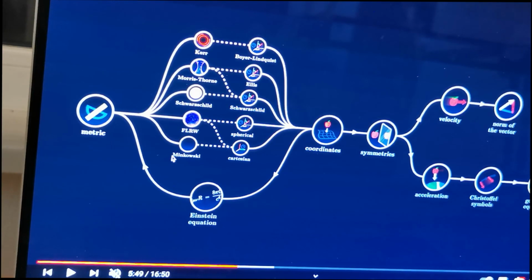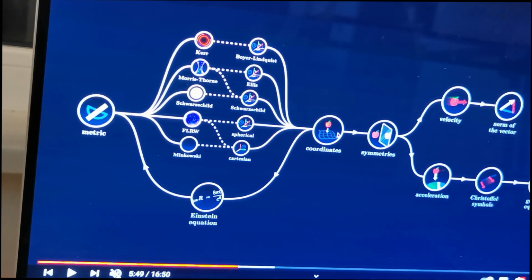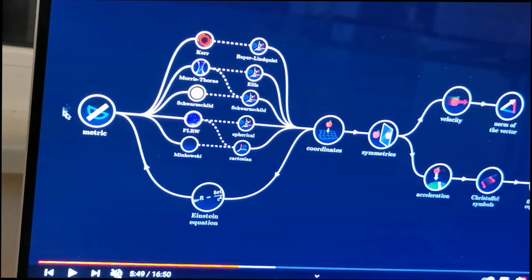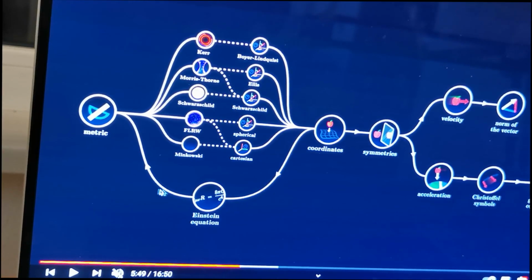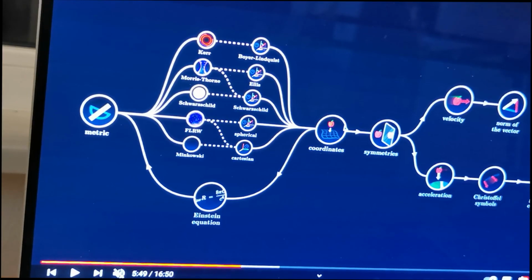There could also be a case when we don't have a metric pre-calculated for the current situation. Then, from the coordinates and the description of the system, by using the Einstein equation and solving it, we can derive the metric. That's the back loop going on here on the screen from coordinates to metric.